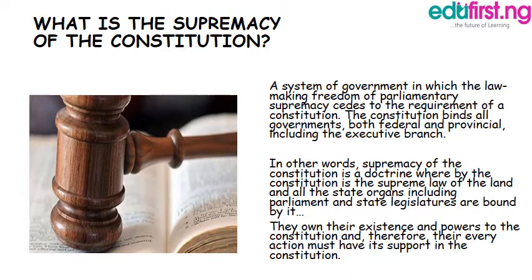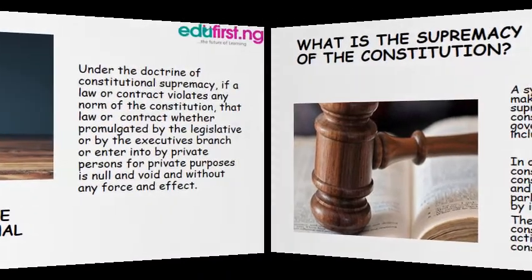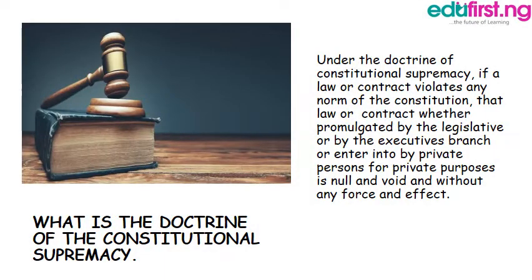So, in other words, supremacy of the Constitution is a doctrine whereby the Constitution is the supreme law of the land, and all the state organs, including parliament and state legislature, are bound by it. They owe their existence and power to the Constitution, and therefore, their every action must have its support in the Constitution.